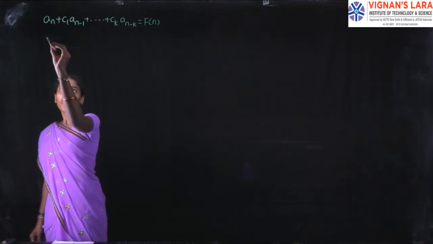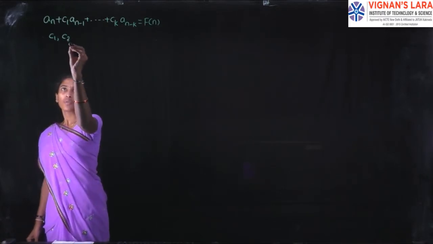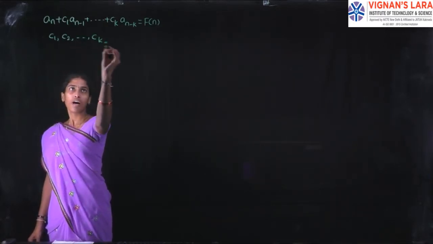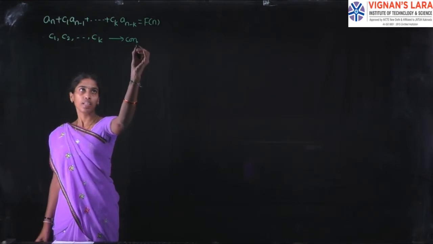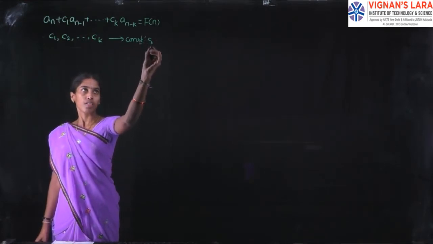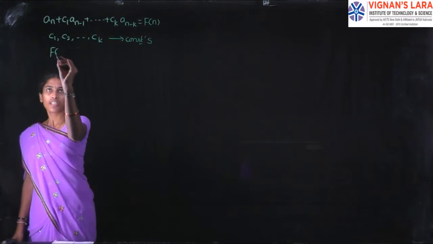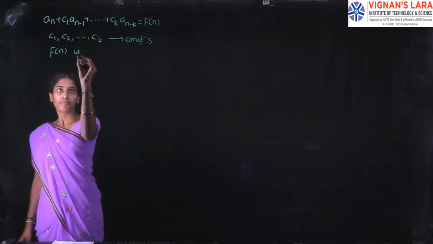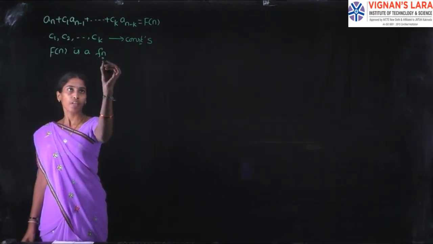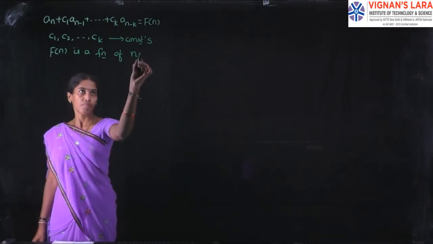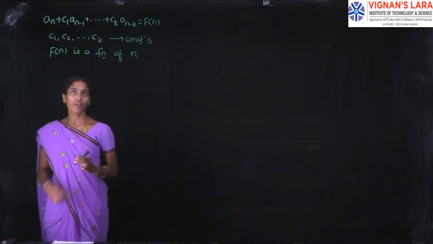Here c1, c2, and so on up to ck are all constants, and f(n) is a function of n.